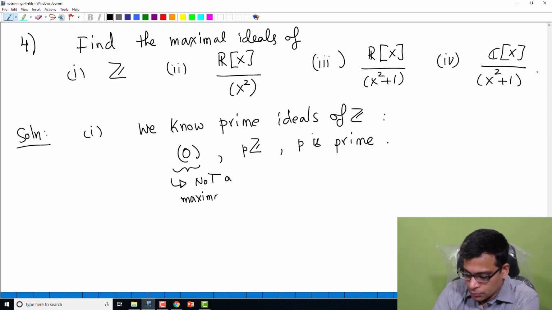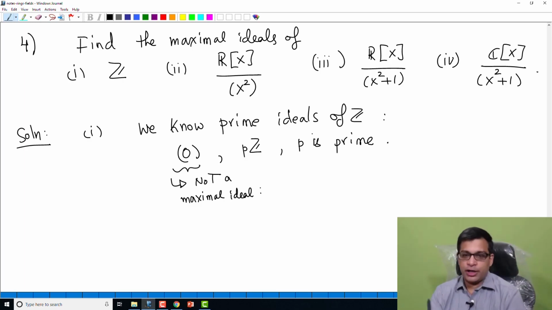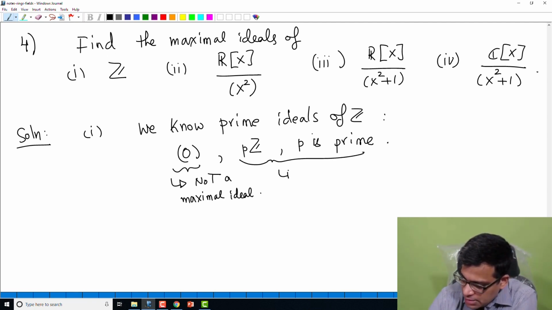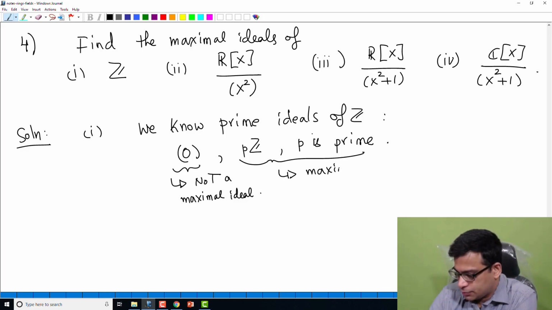Why is that? By definition, a maximal ideal is an ideal which is not contained in any proper bigger ideal. 0 is certainly not like that because 0 is contained in 2Z. So 2Z is a proper ideal. 0 is properly contained in 2Z. So 2Z is not the 0 ideal. So this is not a maximal ideal. What about this? These are maximal ideals.